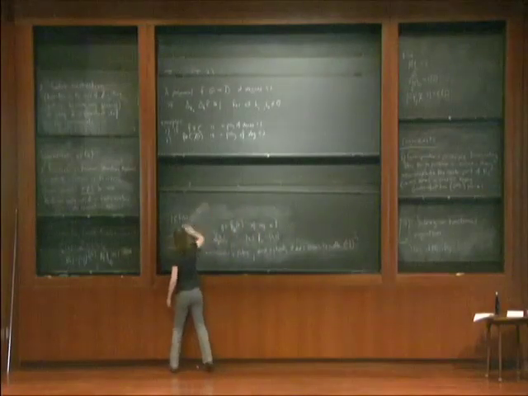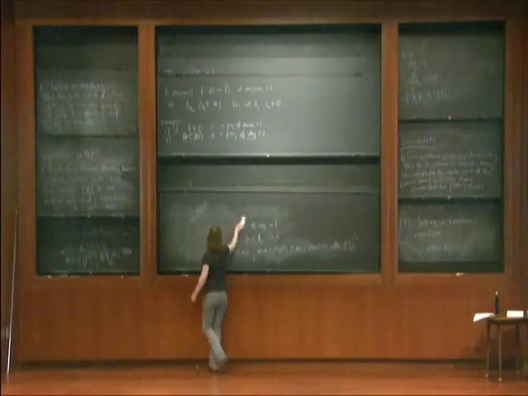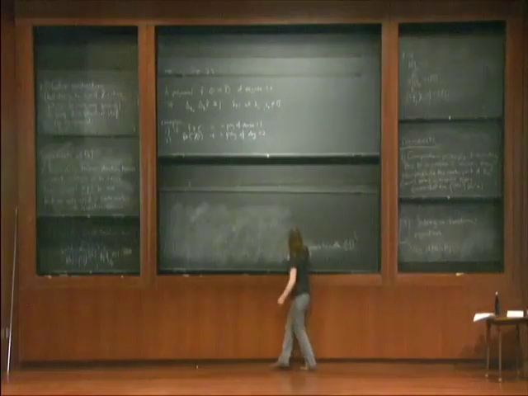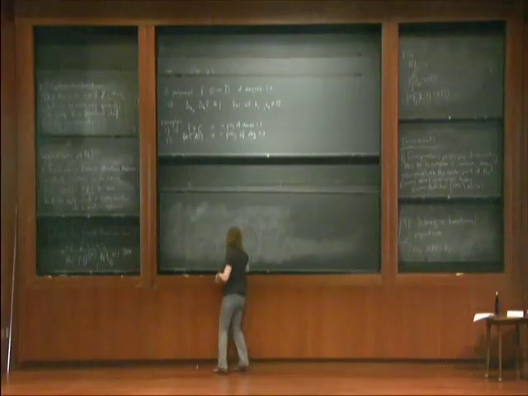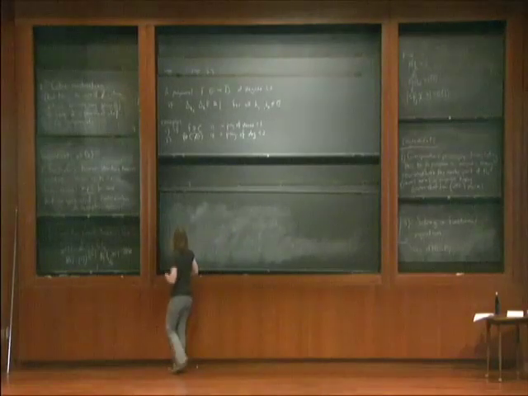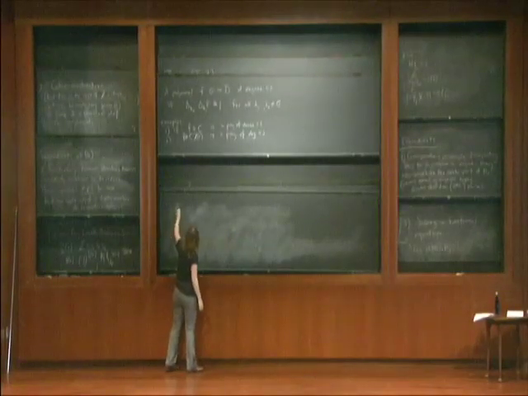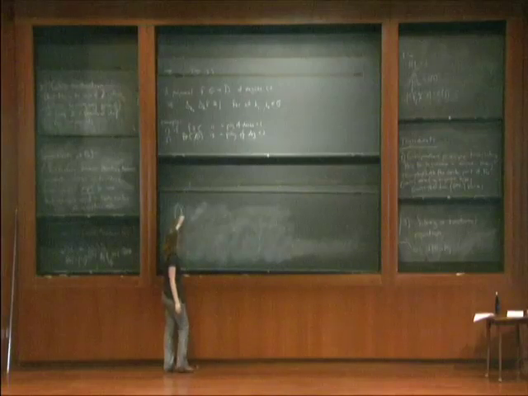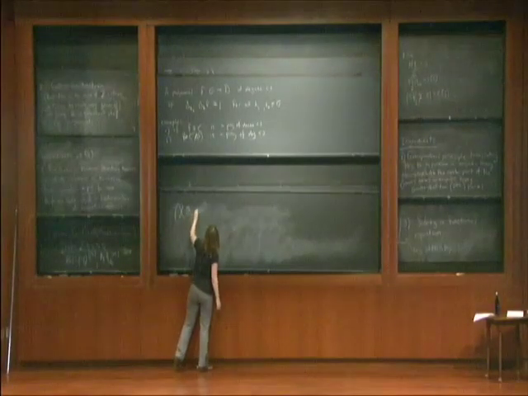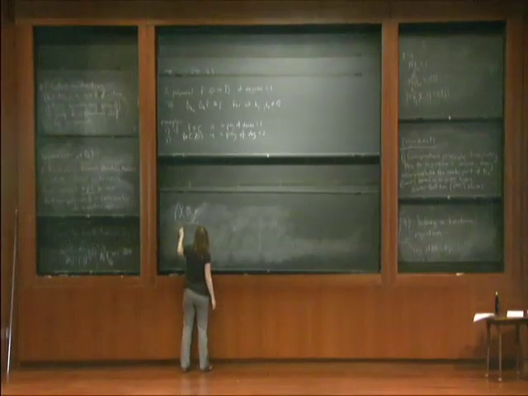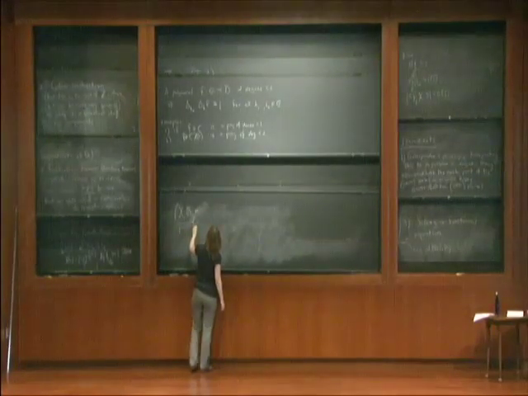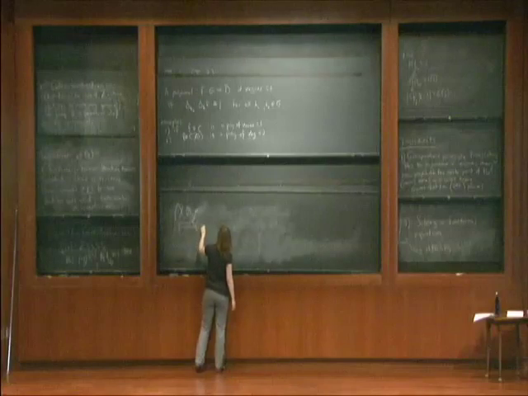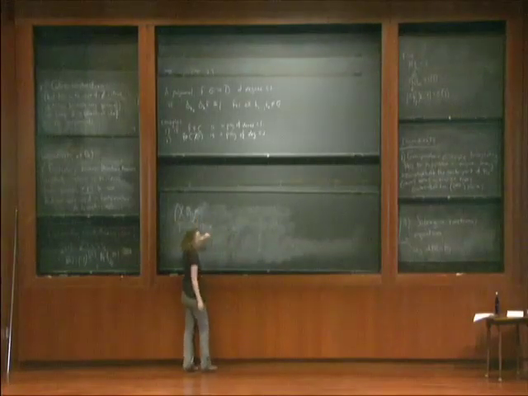What is a measure-preserving system? So you have some phase space X, some probability measure space, and you have an action of some group.